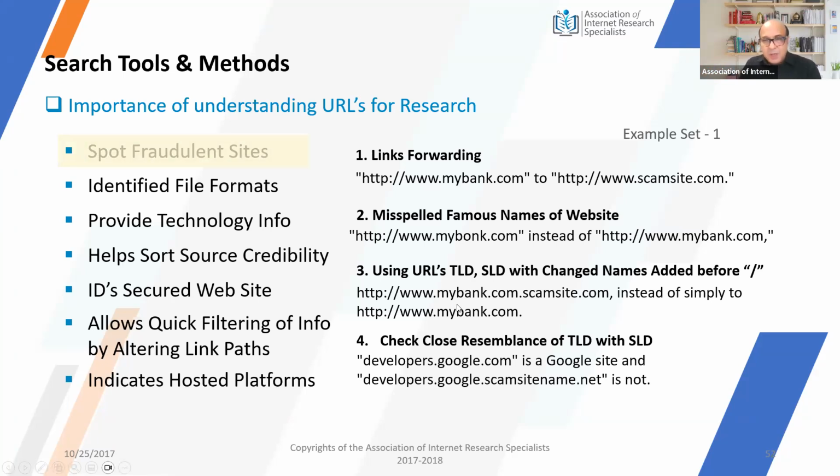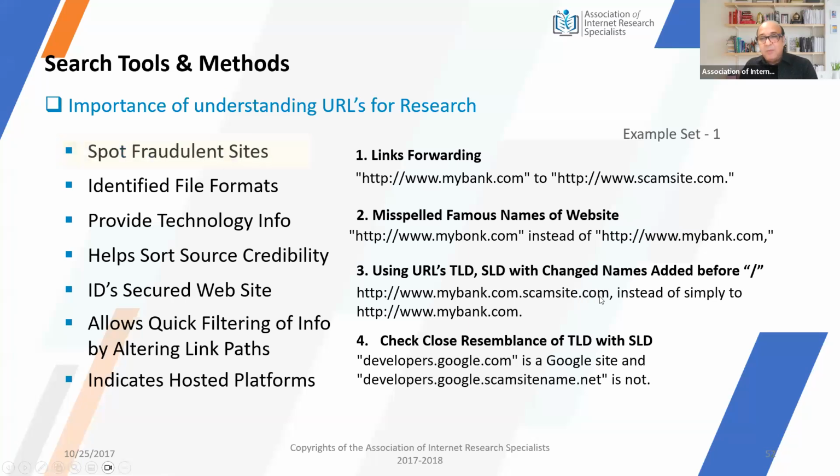So if someone has bought a domain called mybank.com.scamsite.com, they can do that, because this is treated as a number of words that are naming the domain name, or this is the domain name that the registrar might give you if you are trying to buy it with slightly different variations of it, starting from my bank and ending with the last .com here.